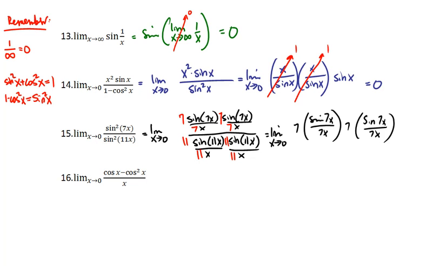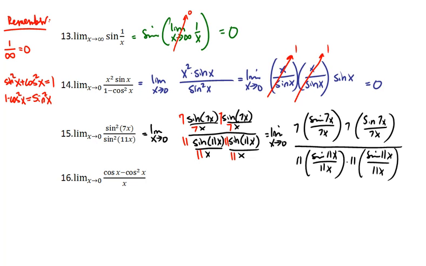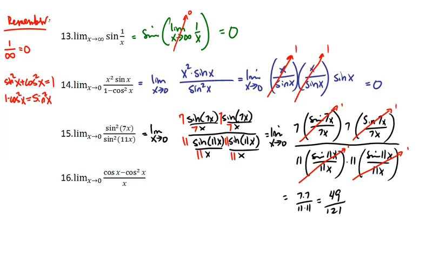Same thing in the denominator, or similar I should say. You have 11 times sine of 11x over 11x times 11 times sine of 11x over 11x, and each of those is going to become 1, limit as x approaches 0. Only this time when we simplify, we don't just get 7 over 11, we get 7 times 7 over 11 times 11, which is 49 over 121.